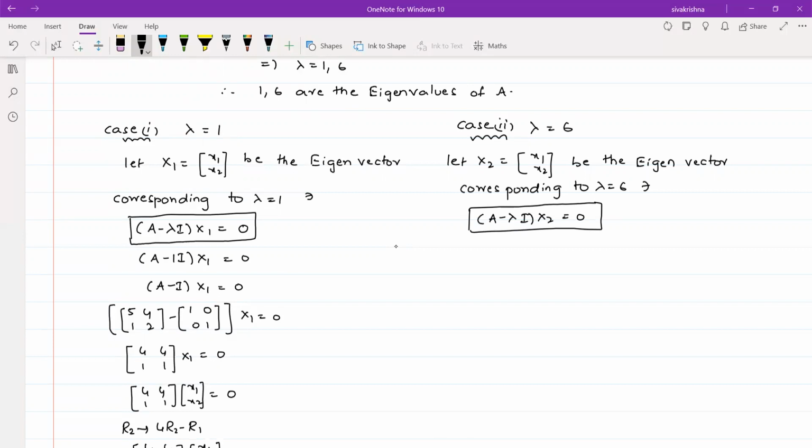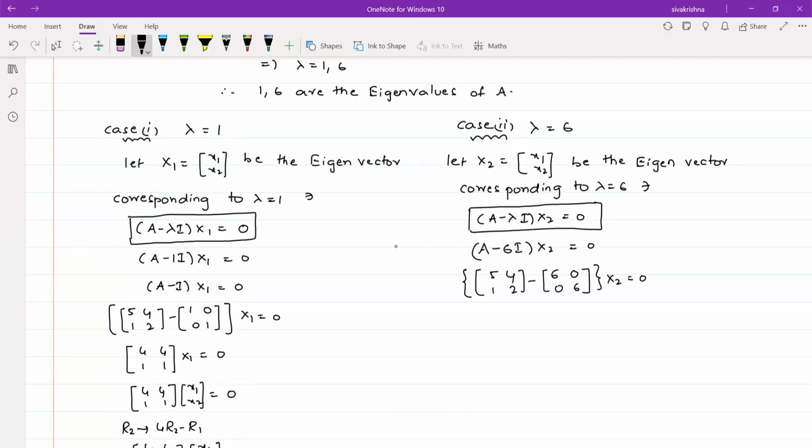In this equation, we have to substitute the values. In place of lambda, we substitute 6, so that we get (A minus 6I) x2 is equal to 0. Here A is nothing but [5, 4; 1, 2]. 5412 minus 6I: we multiply the identity matrix [1, 0; 0, 1] with 6, so that we get [6, 0; 0, 6]. Into x2, that is x1, x2, is equal to 0.